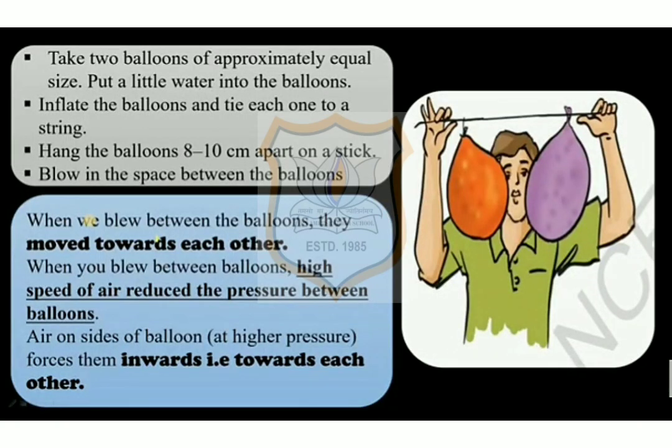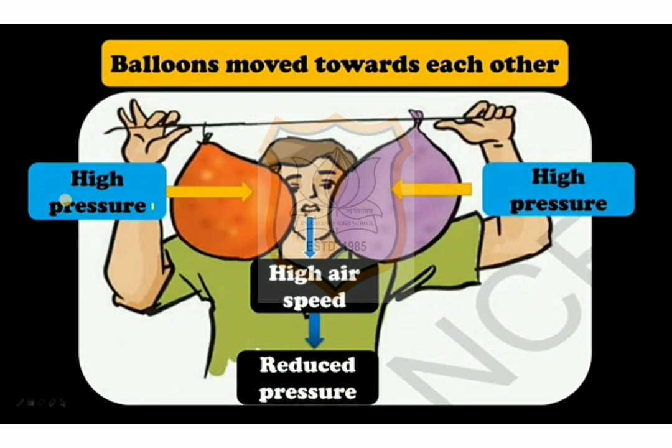When we blow between the balloons, the high speed of air reduces the pressure between the balloons, and the air on the sides of the balloons forces them inwards, that is, towards each other. We conclude that the air pressure decreases when the speed of the wind increases.